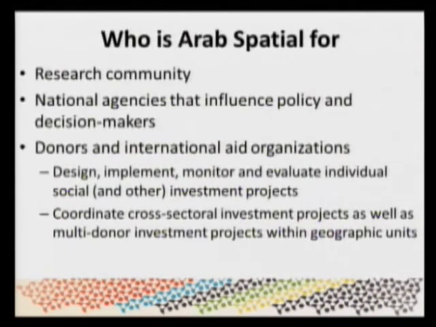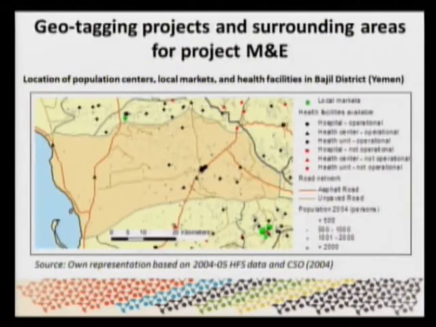So how do we use Arab Spatial? As we said, it's intended for a series of stakeholders. If we take a look at donors and international aid organizations, we can see that they can use such a spatial tool to better design, implement, and evaluate their investment projects. It allows them to geotag projects and the surrounding areas for M&E.